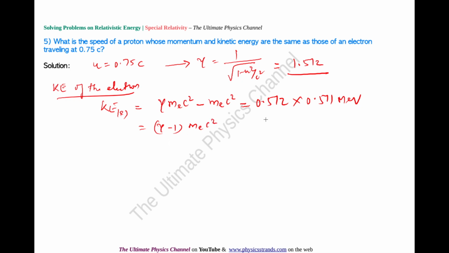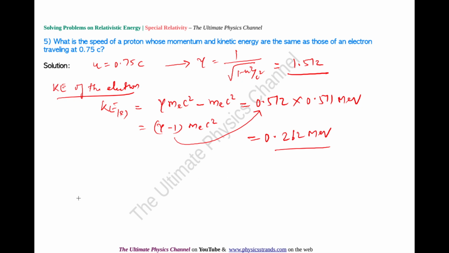Gamma minus 1 is 0.512, because it is 1.512 minus 1. Then I multiply that with the rest mass energy of the electron, which is 0.511 MeV. I'm getting 0.262 MeV as the kinetic energy of this particular electron.